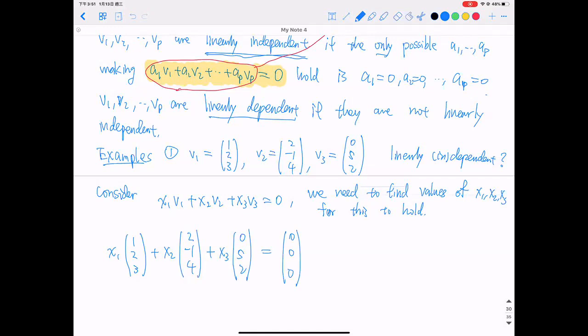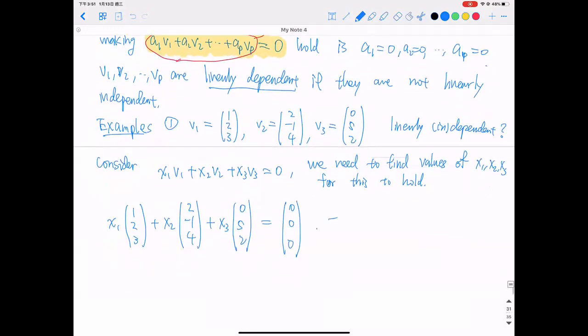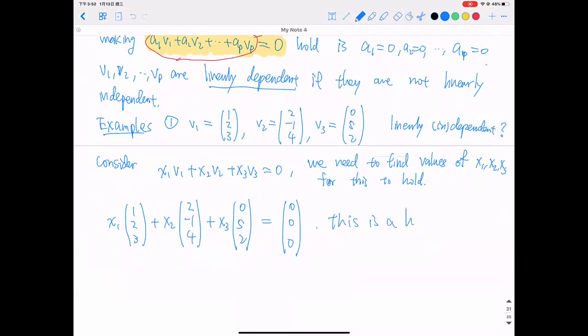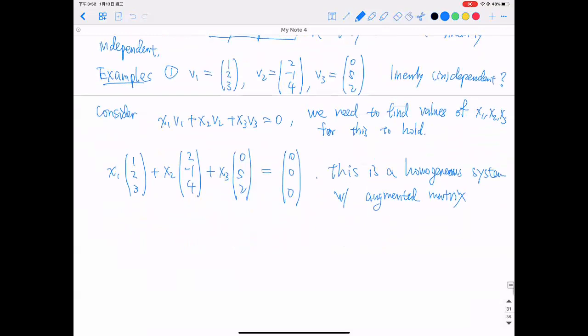In fact, a homogeneous linear system, with augmented matrix being the following: 1, 2, 3, 2, minus 1, 4, 0, 5, 2, 0, 0, 0.